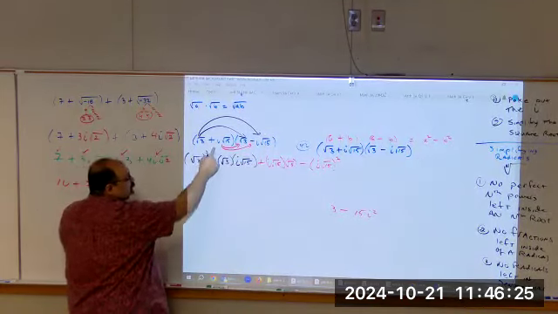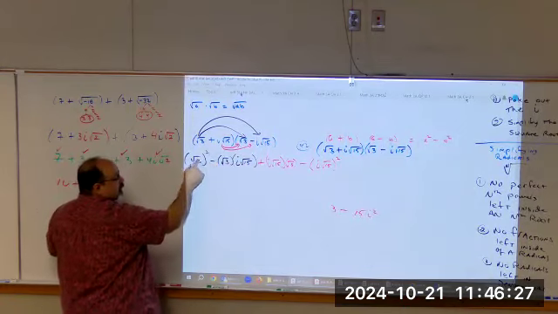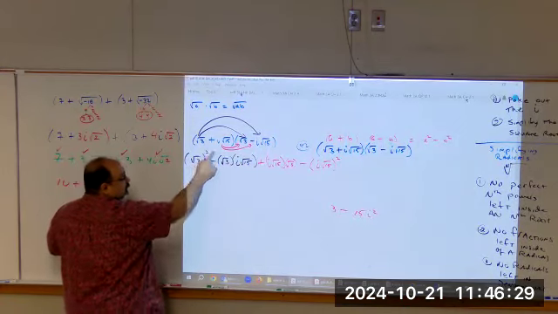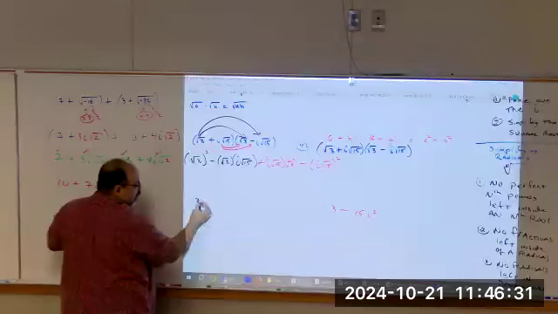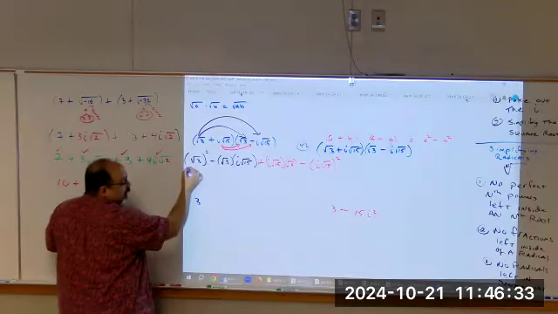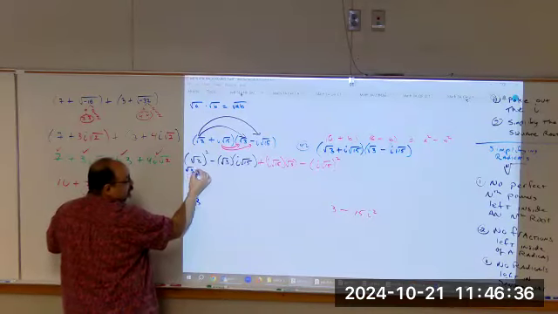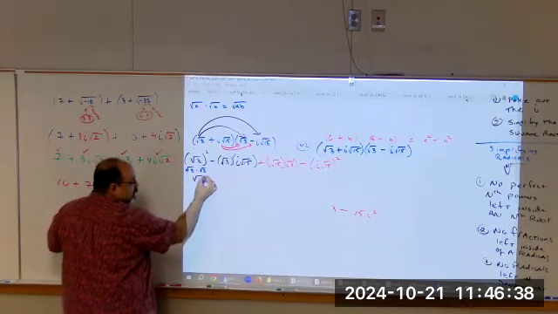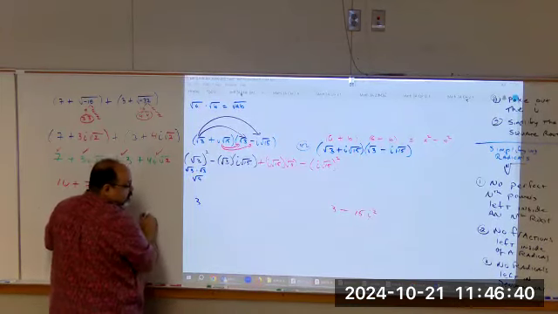So when I square a square root, the square undoes the square root. So this is just going to equal 3. Or if you want to do it this way, square root 3 times square root 3 is the square root of 9. The square root of 9 is just 3.